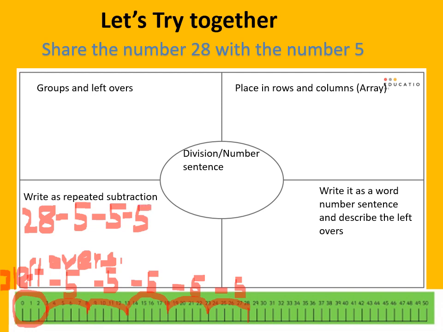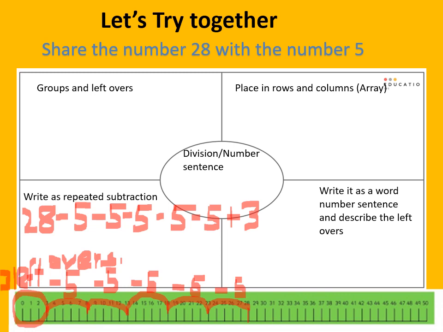So 28 minus how many 5s? 5 5s. Okay, plus 3. Okay, so we went a little bit over, but that's okay. So it's important that we're writing it as our repeated subtraction, and that's what we've done there.